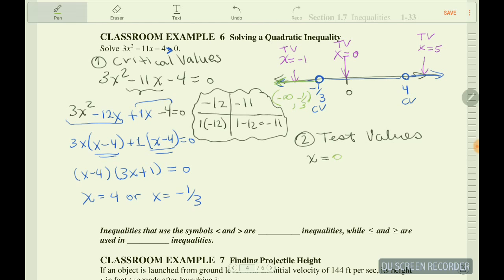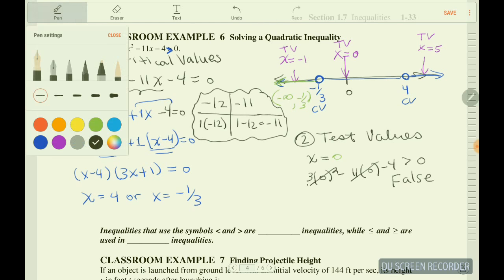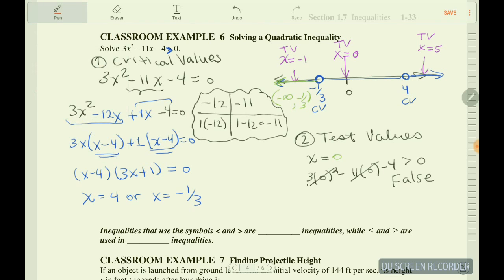Plugging in 0, 3 times 0 squared minus 11 times 0 minus 4. Is that strictly greater than 0? That zeroes out, zeroes out. -4 is not strictly greater than 0. So I will not be using that section of the number line.